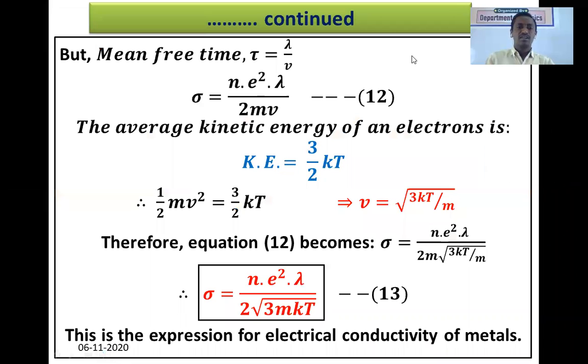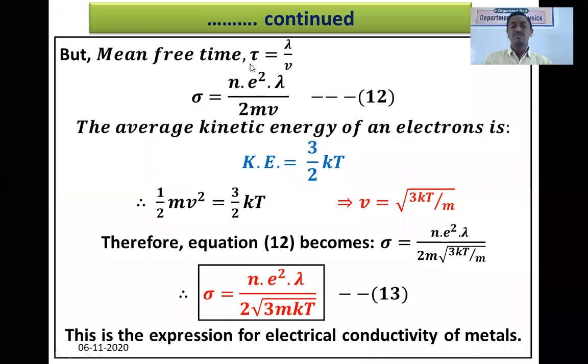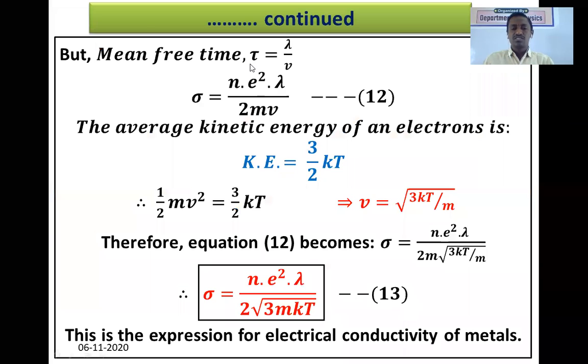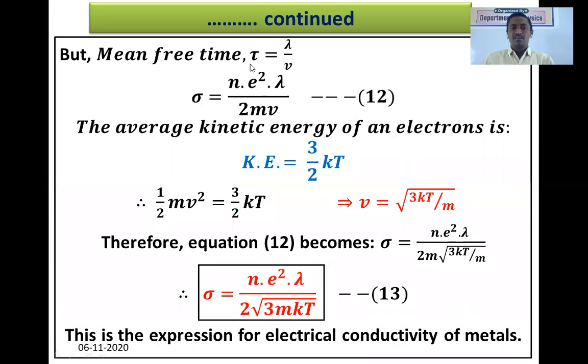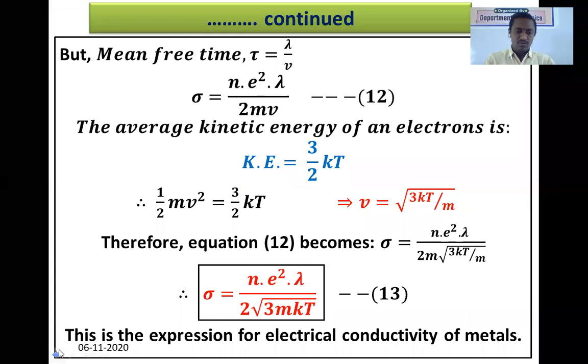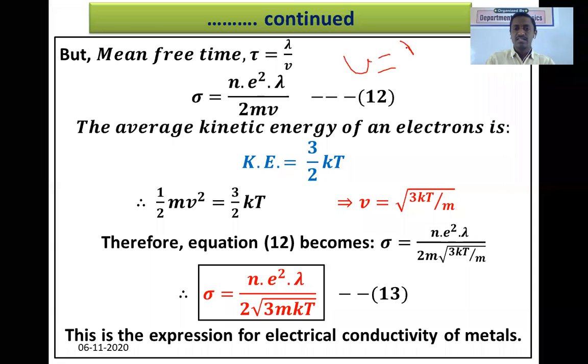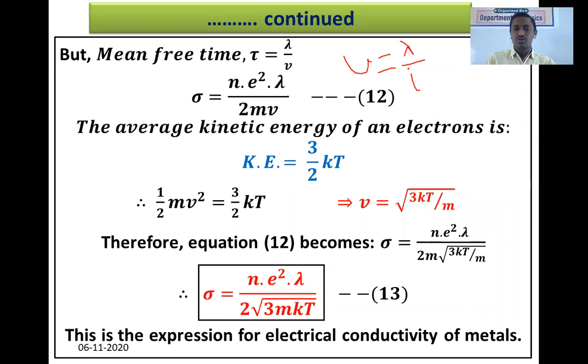Again we know the mean free time, that is the time taken by an electron between two successive collisions. Time equals length or distance upon velocity, because velocity equals distance upon time. So velocity v equals the distance, that is the mean free path length lambda, upon time tau.